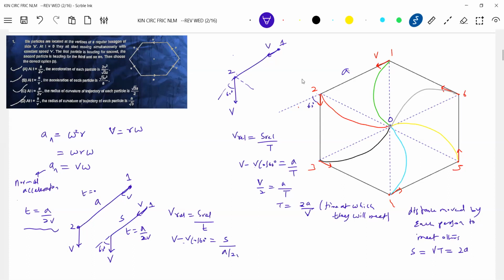This time is what we know. So this will be v by 2, 2vs by a.